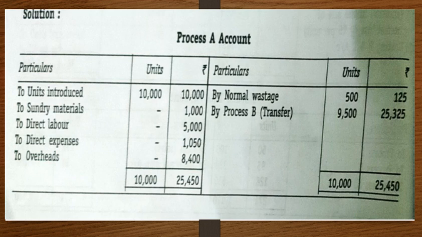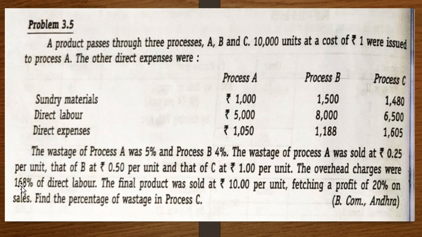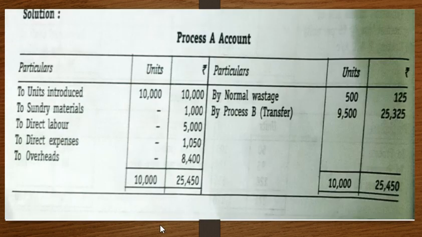Then overheads. As stated in the question, the overheads are charged at 168% of direct labor. So how much is your direct labor for process A? For process A, your direct labor is 5,000. So 5,000 into 168% will give you 8,400.